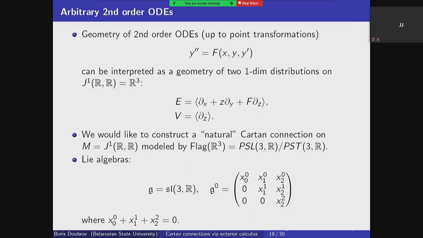Our Lie algebra g will be just traceless 3x3 matrices. What is the stabilizer of a flag? Well, we can assume that it's just upper triangular matrices. That's what I denote by PST, so it's projectivized upper triangular matrices inside PSL.